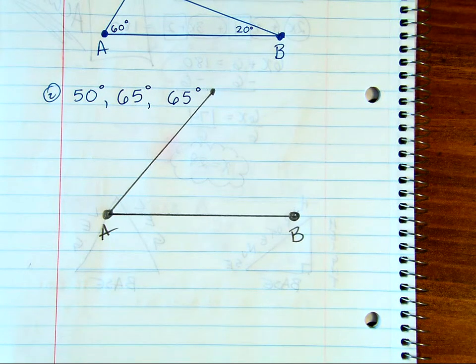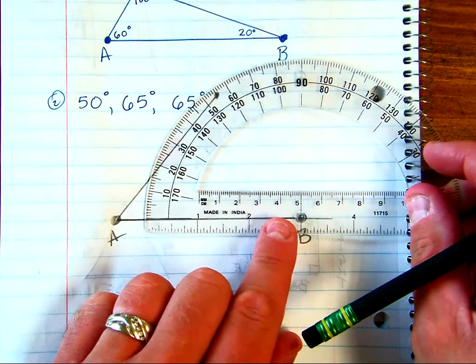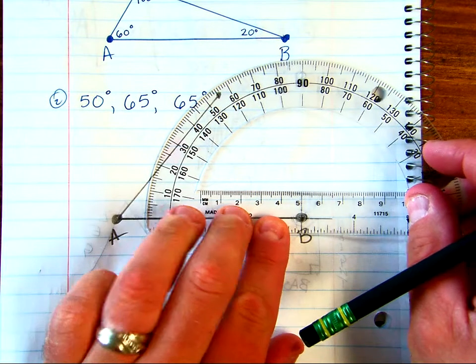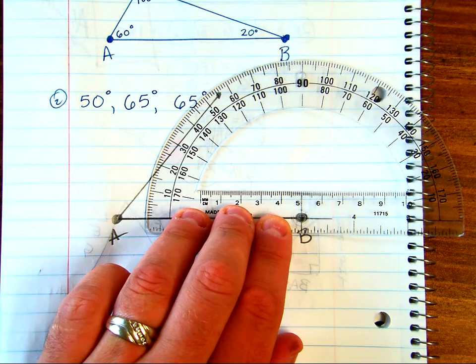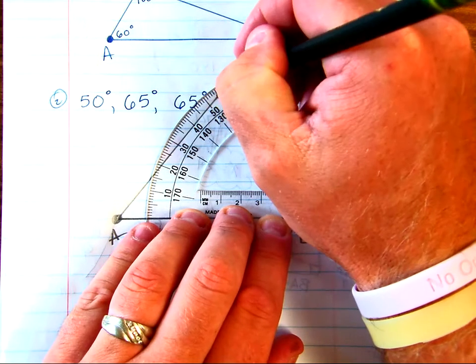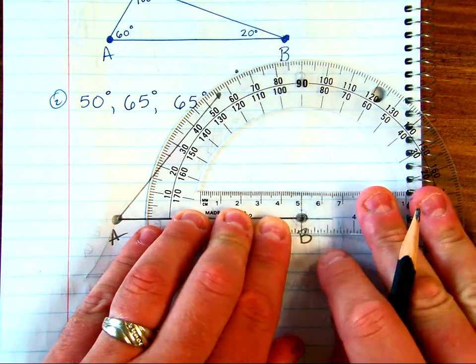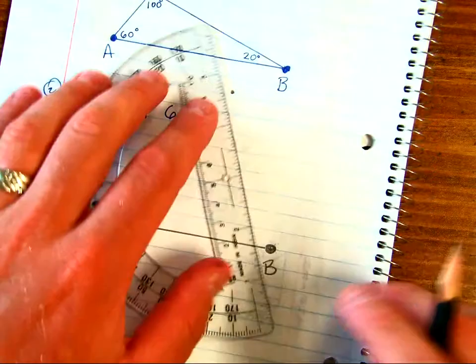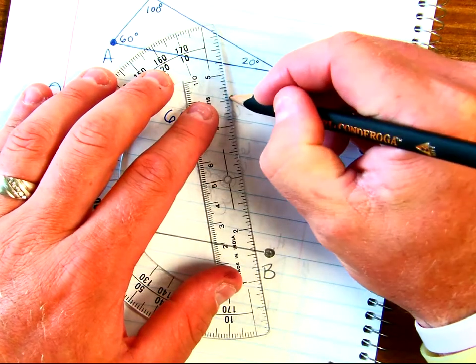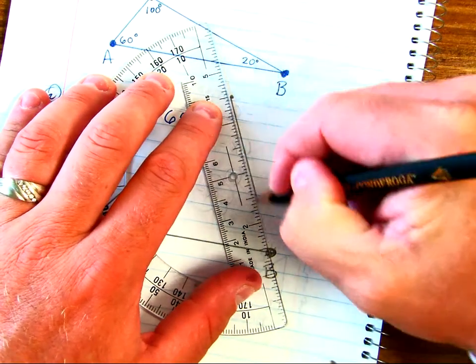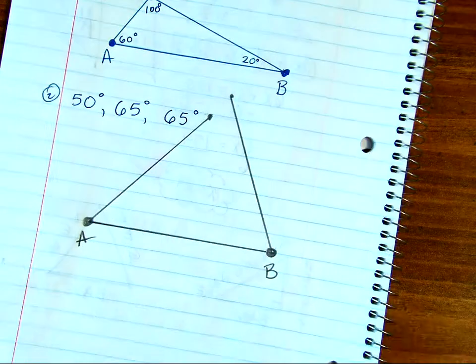And from here, let's move over to letter B. Put our protractor on letter B. And then what do we need to mark? 65. 65. And 65 is between? 70. Correct. And so let's connect the dots. And let's see what happens. Uh-oh.